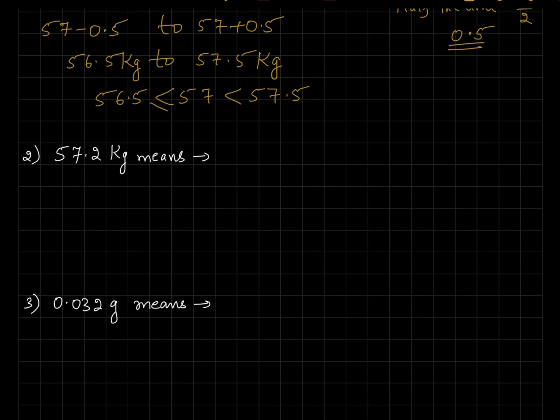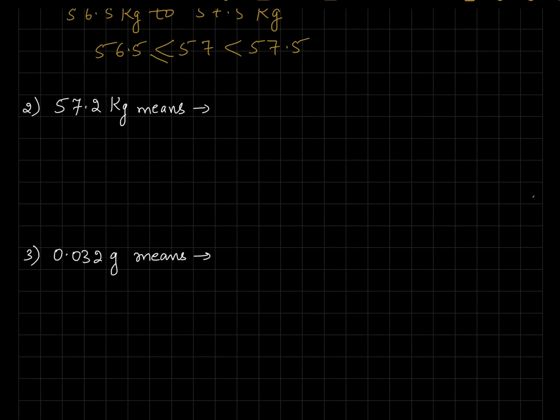Next one is 57.2 kg. It means that the weighing scale I am using is more accurate. It can read correct up to 0.1, right? So the unit here is 0.1.